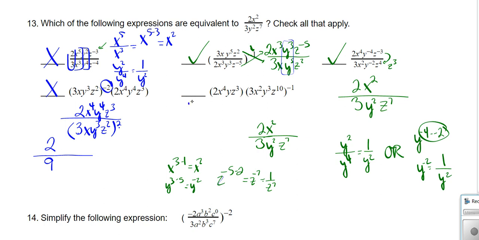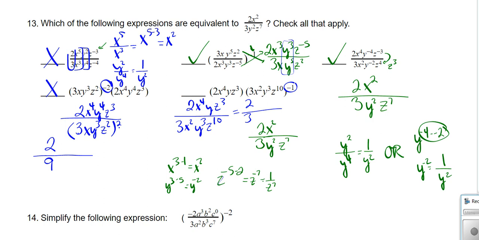Alright, now let's try this last one here in the middle. Negative exponent. What does it do? Puts this thing into the denominator since it started in the numerator. And it would be to the first power, but when I multiply exponents by 1, they stay the same. So don't bother with it. So that's going to be 2 over 3.